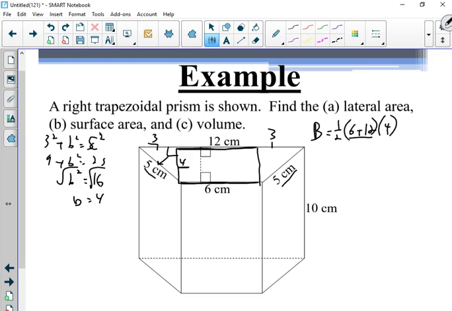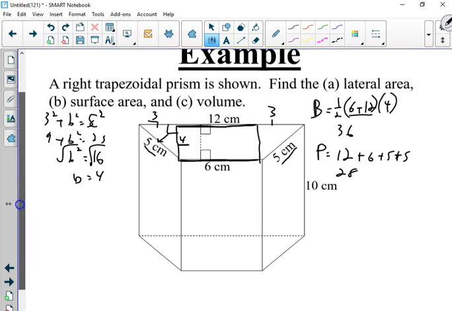Half of that is 9 times 4 is 36. So the area of our base is 36. What's the perimeter of our base? Well, it's 12 plus 6 plus 5 plus 5. So 12 and 6 is 18, plus 10 is 28.